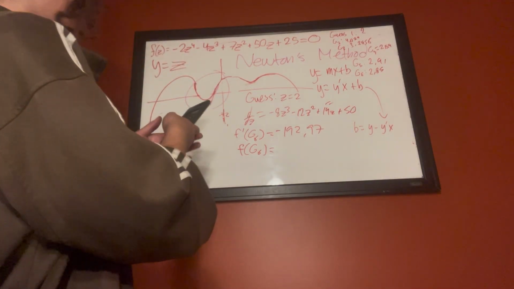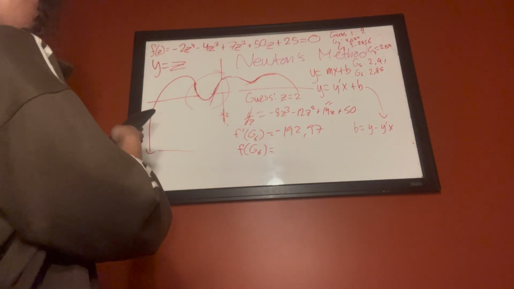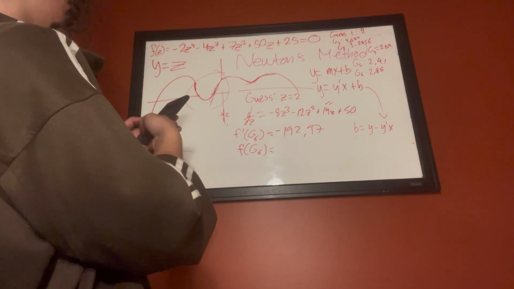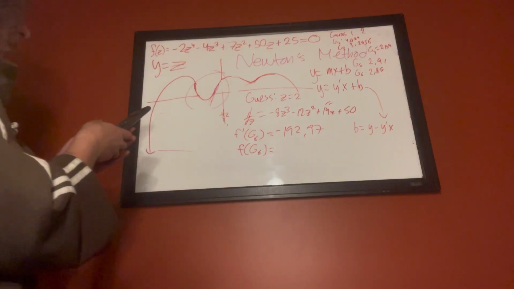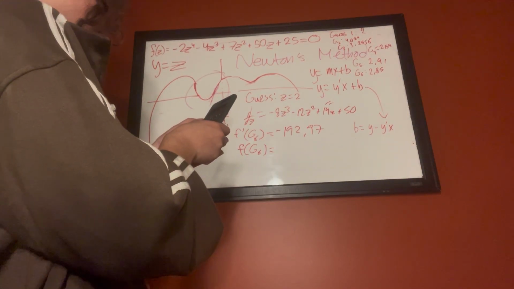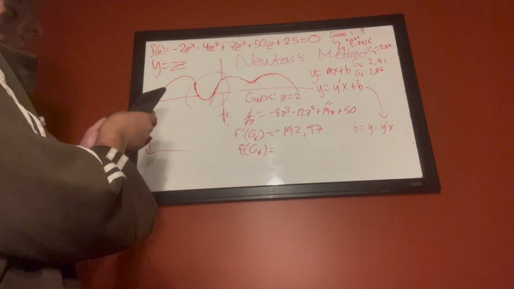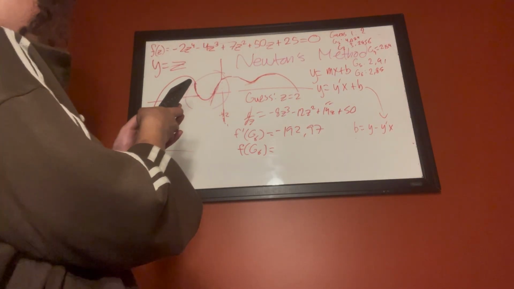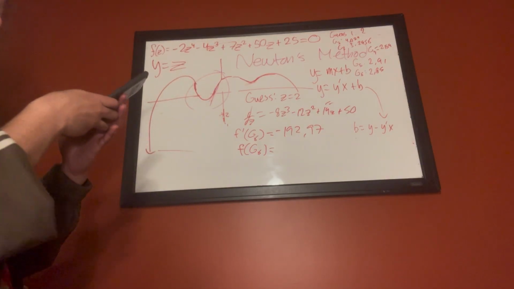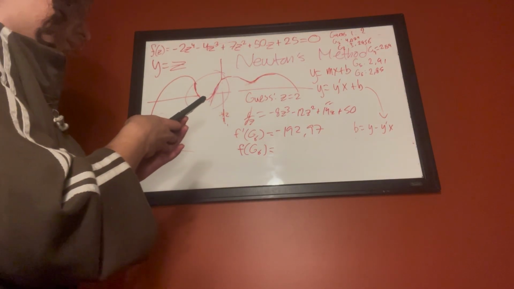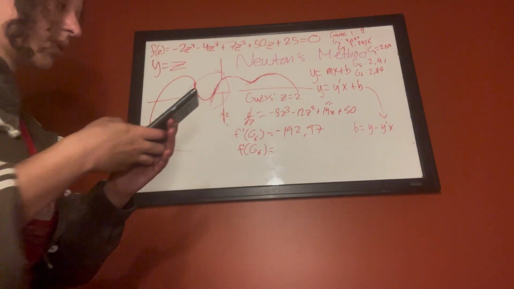And then f of g6 is, subbing over here, 2.85 raised to the 4 times minus 2, minus 4 times 2.85 cubed, plus 7 times 2.85 squared, plus 50 times 2.85 plus 25.